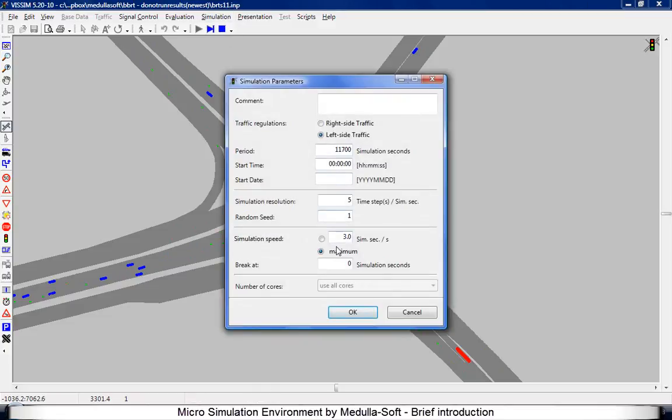We have the ability to change the speed of the simulation, and what we'll do is now observe it at a real-time speed.